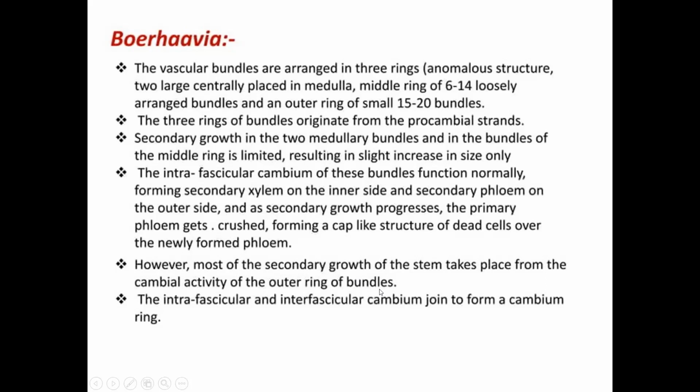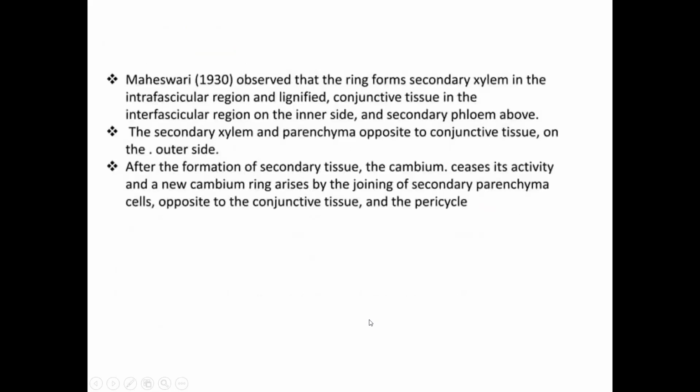So here the activity of the inner and middle vascular bundles is limited, but in the outer ring the secondary growth takes place. The intrafascicular and interfascicular cambium join to form a cambial ring. Maheshwari observed that the ring forms secondary xylem in the intrafascicular region and lignified conjunctive tissue in the interfascicular region.